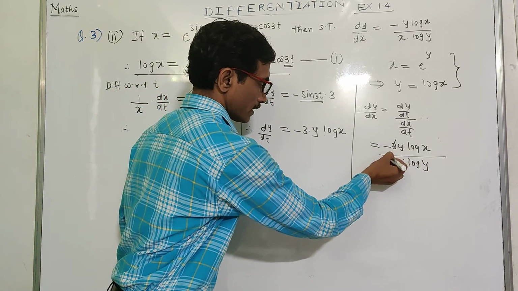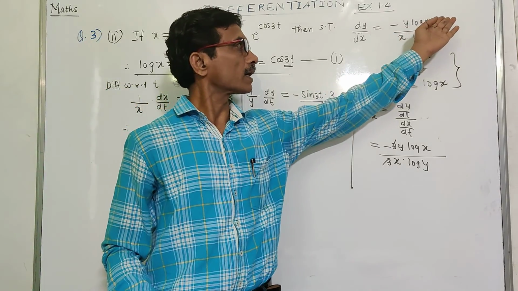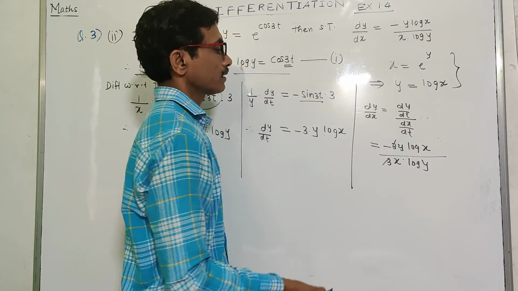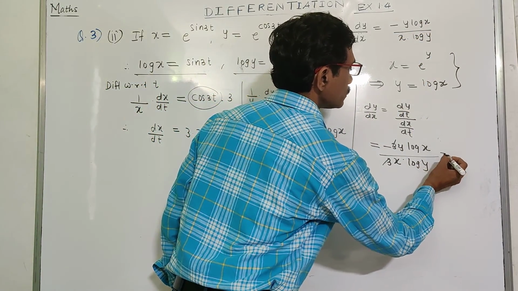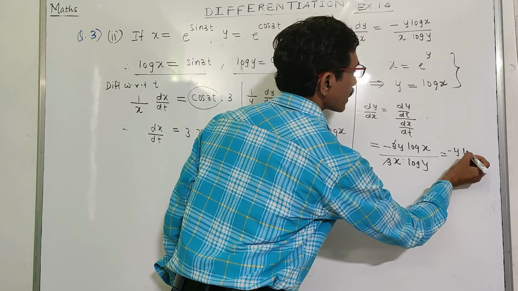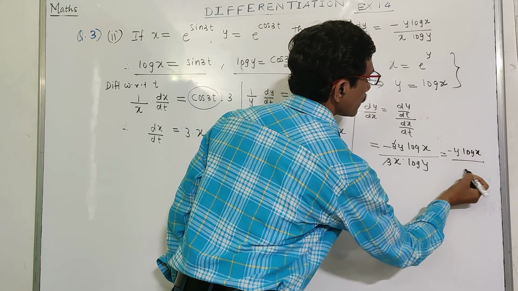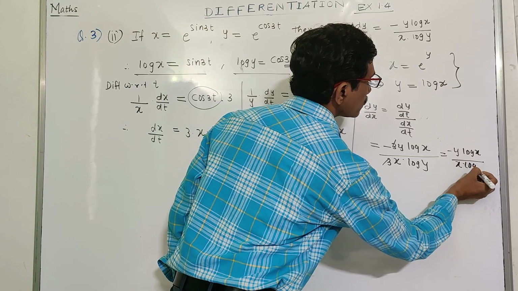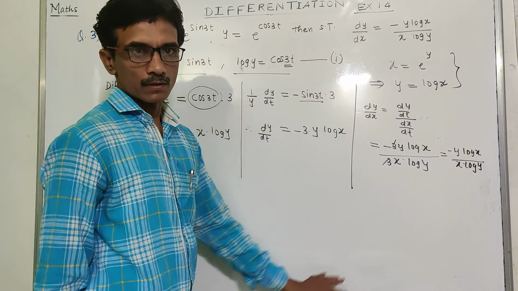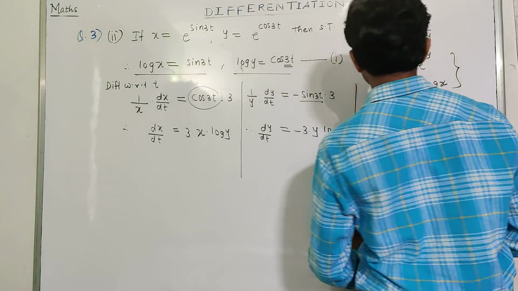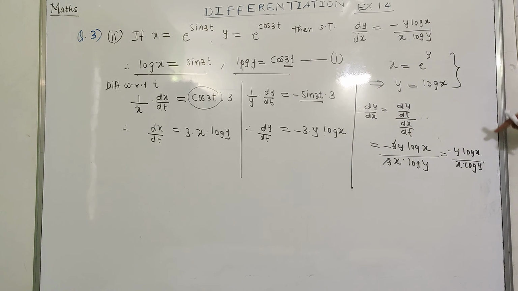Now this 3 is getting cancelled, and we get y log x and x log y. So dy by dx is equal to minus y log x upon x log y, which is what was required to show.